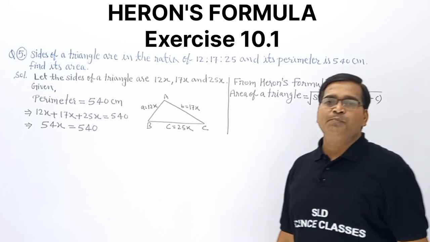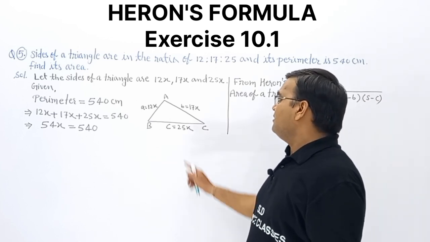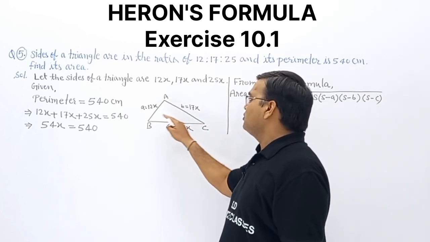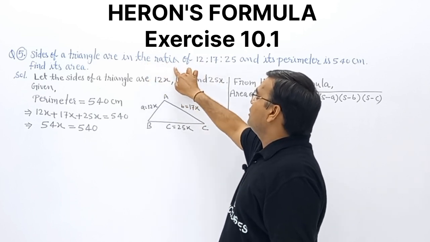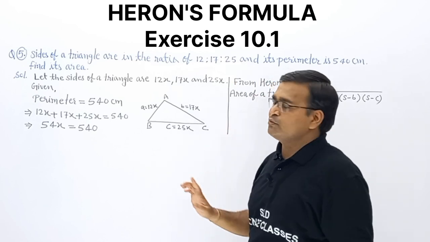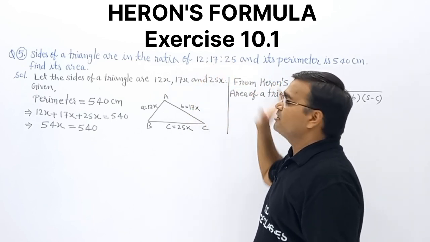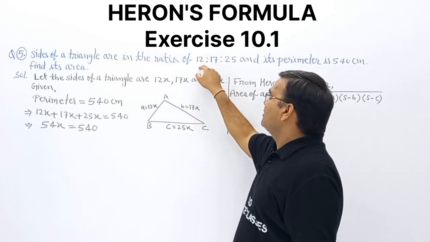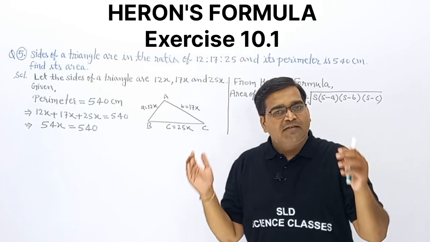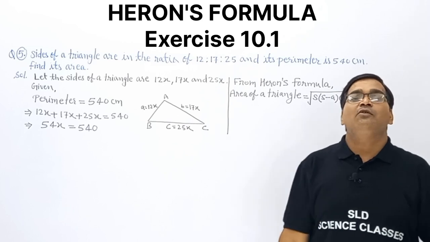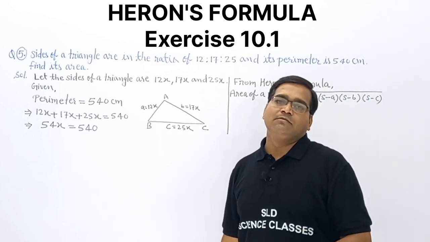The sides of the triangle are given to us in the form of ratios. We have three numbers in the ratio, one showing each side. But it is the ratio, it is not the exact value of the side.